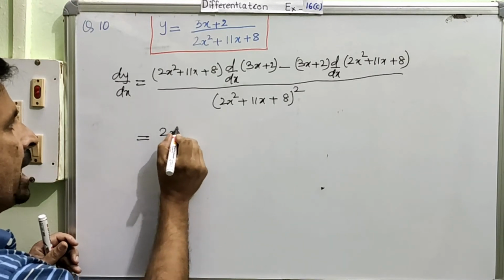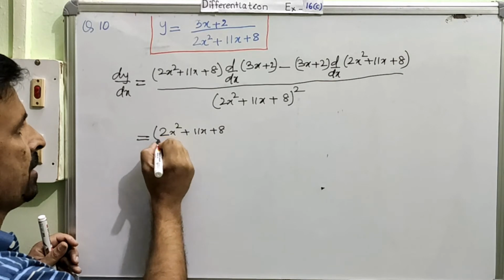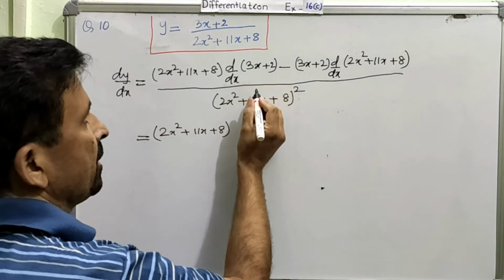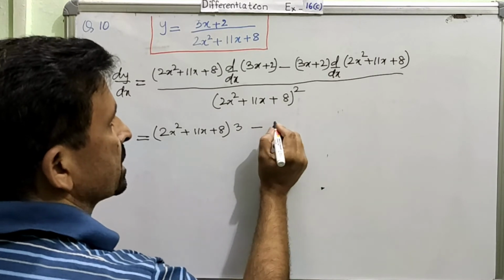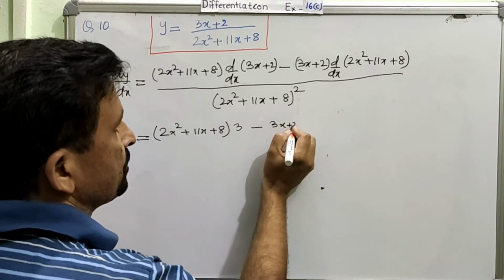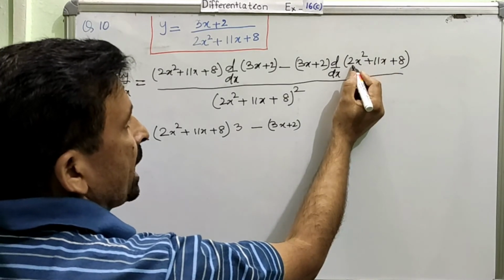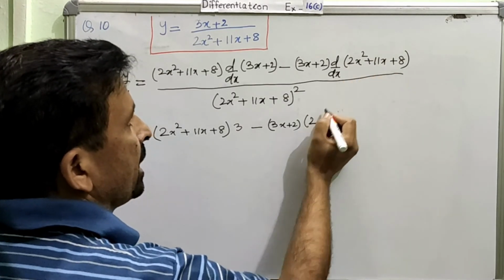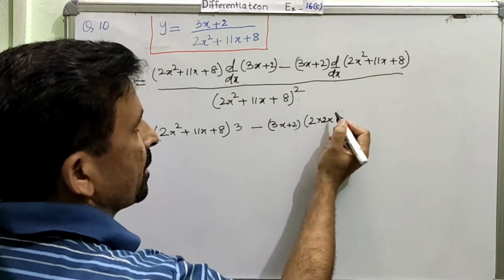So this is as it is, 2x square plus 11x plus 8 as it is, and then we will differentiate this one. From here we will get the derivative of this part as equal to 3 minus 3x plus 2, and now we will differentiate this part. So 2 will remain as it is, right? And then x square, x to the power n formula, so into 2x to the power 1, so no need.